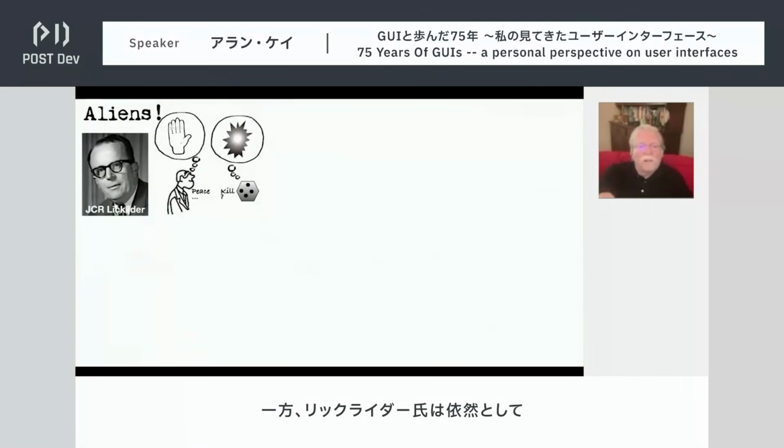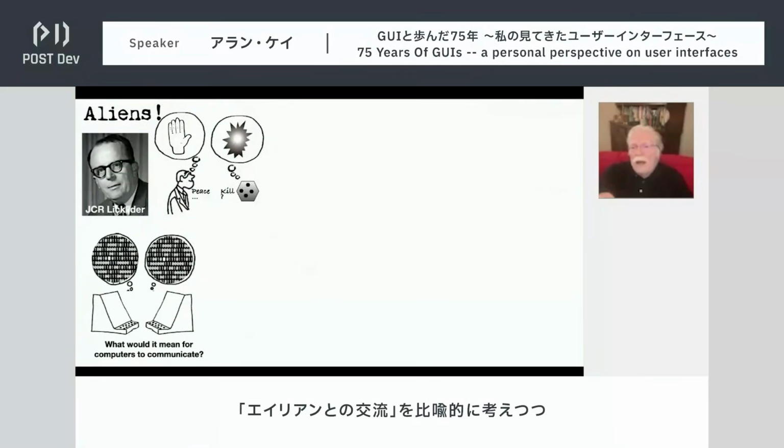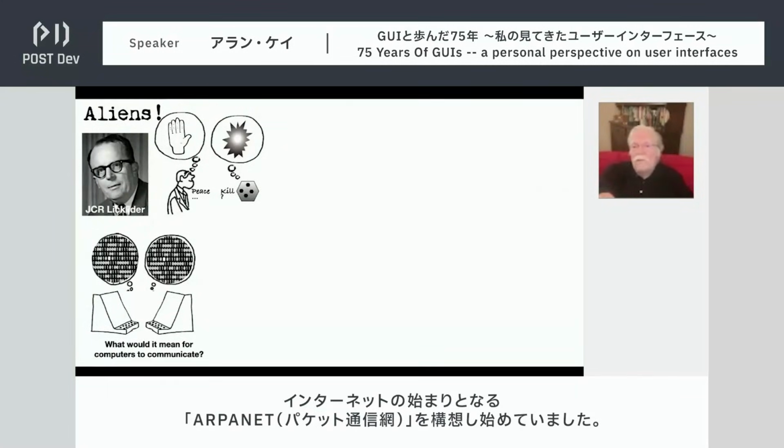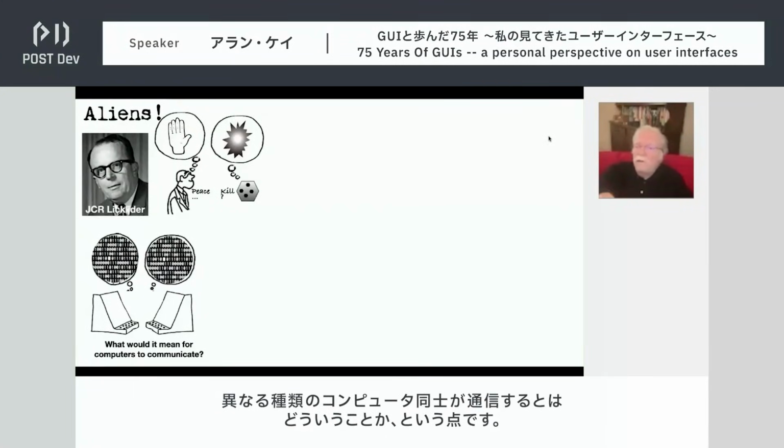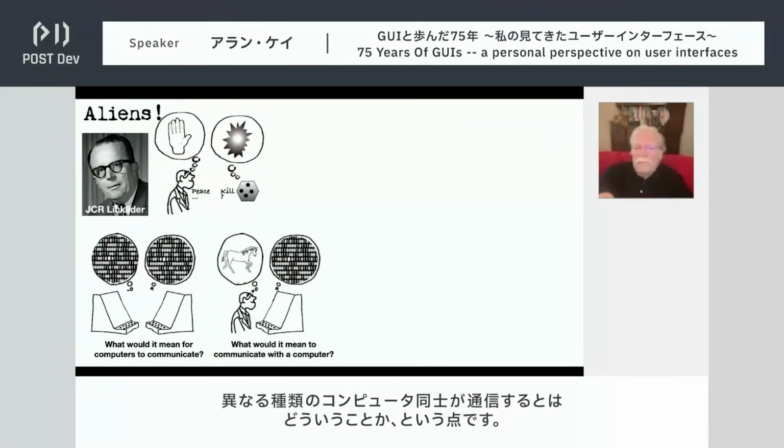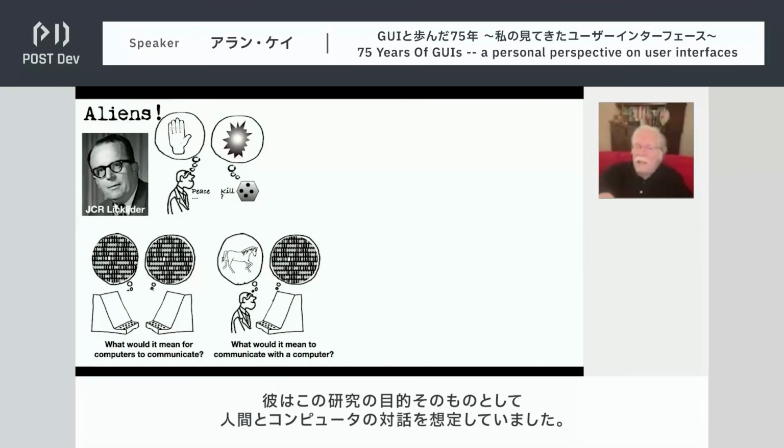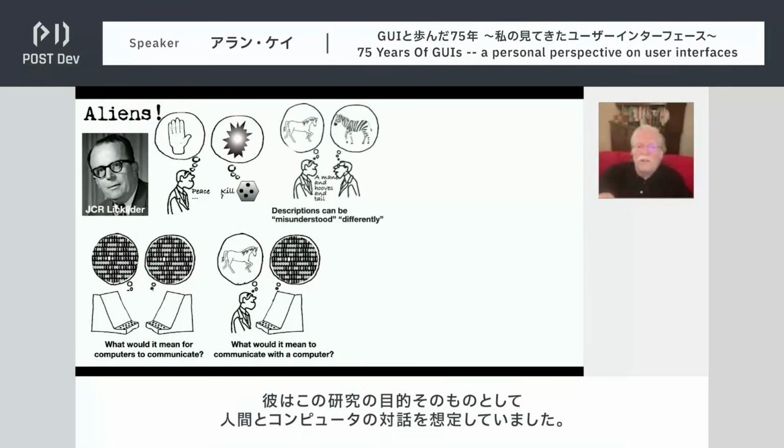Okay, Licklider was still thinking about aliens, and he was starting to think of the ARPANET, which is the beginning of the internet. And so the question there is, what does it mean for computers of different types to communicate? He was thinking of humans and computers because that was the whole point of this research.